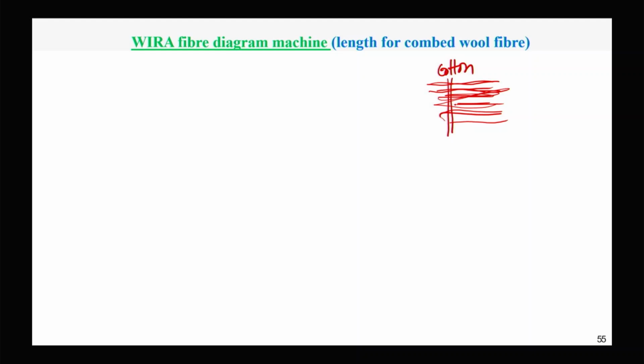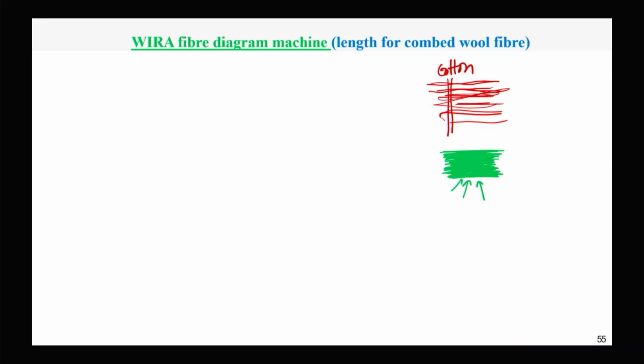But for wool, the main problem is that wool is very bulky, so we cannot produce a very thin fringe. Suppose this is the wool fringe through which light does not pass, and in between this fringe there will be short fibers and also long fibers.